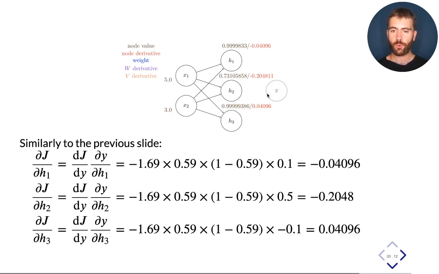Everything that I need to know about this node, or if I had more nodes, everything that happened at the upper layers of the neural network, I have summarized within these 3 numbers, and that is the only thing that I need to track.